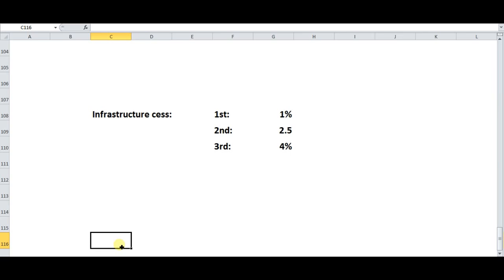Recently, dividend tax was introduced in the 2016 budget, which is levied on your dividend income, and the rate is 10% of your income. And dividend tax started from 1st April 2016 onwards, I believe.